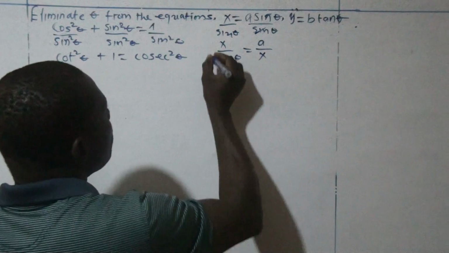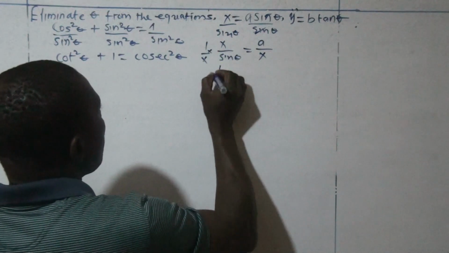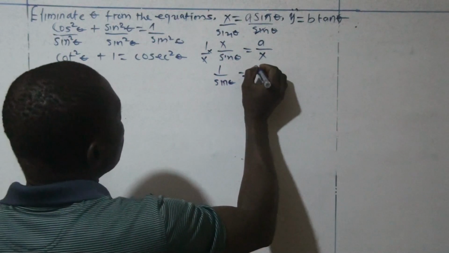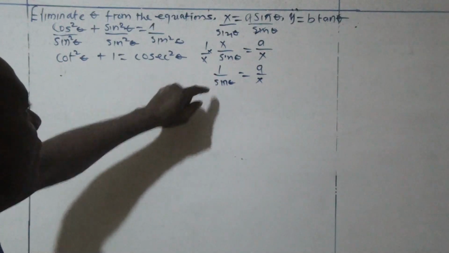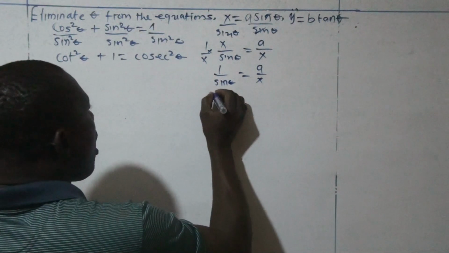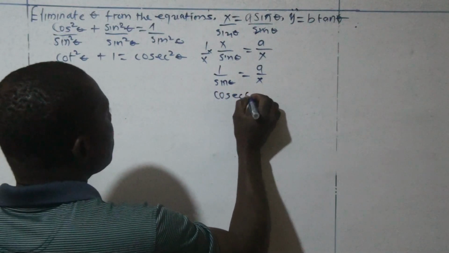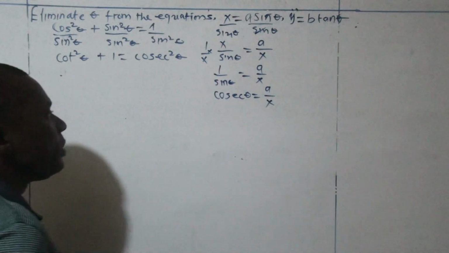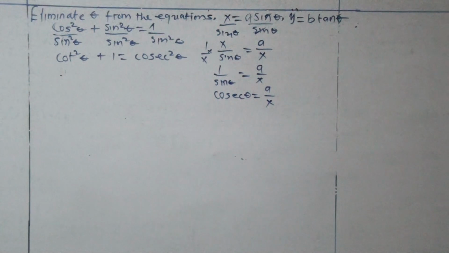So here it becomes times 1 over x, so that we have 1 over sine theta is equal to a over x, and 1 over sine theta is cosec theta. So here we'll be able to obtain cosec from this transformation.